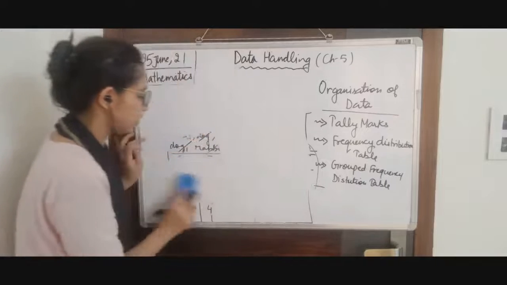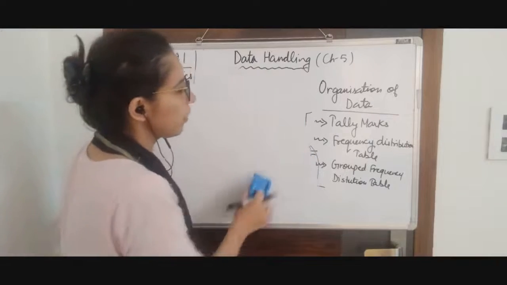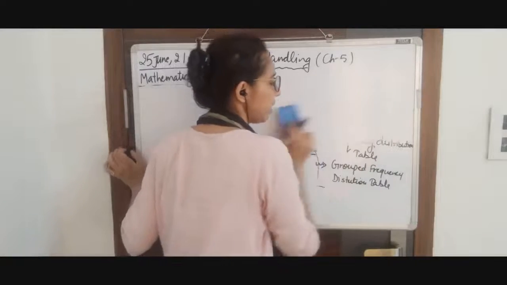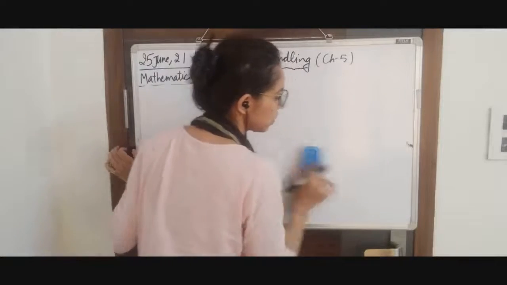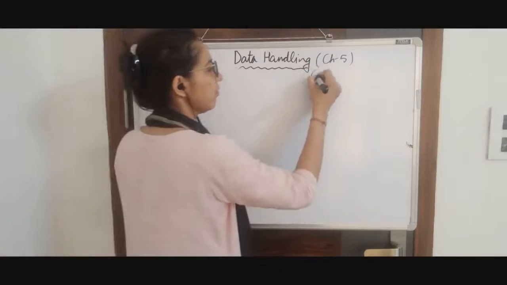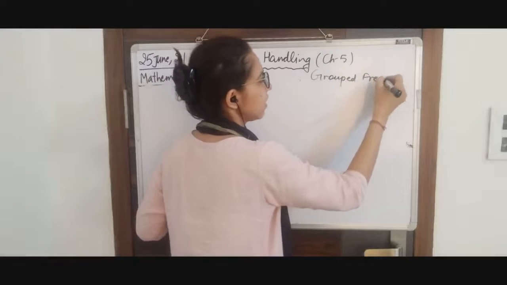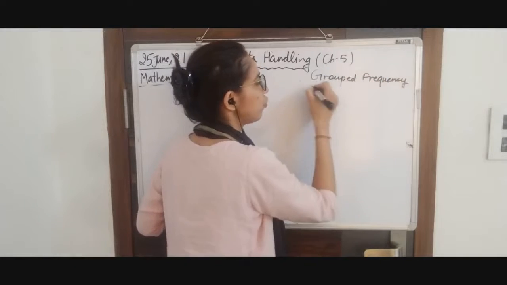In the group frequency distribution table, we are going to take one example so that we can understand what kind of data will make us use a grouped frequency distribution table.